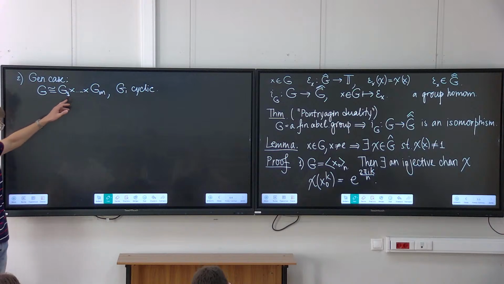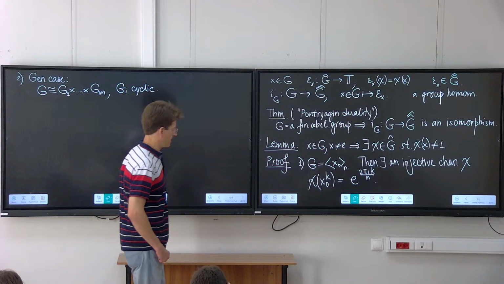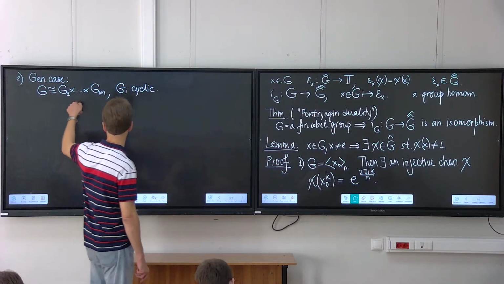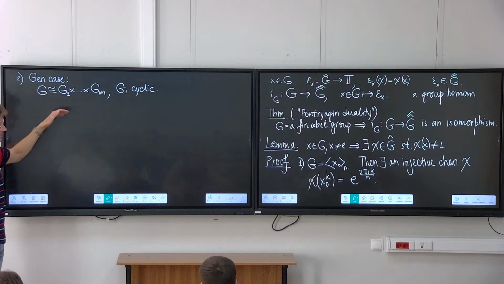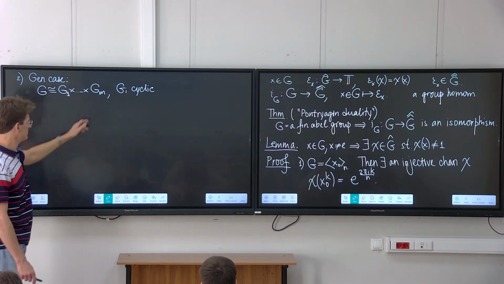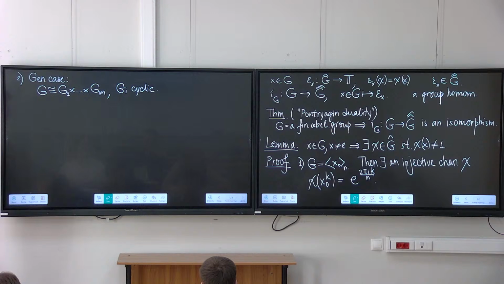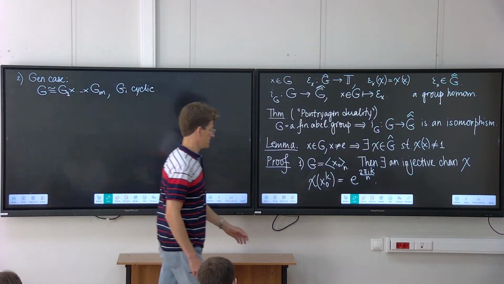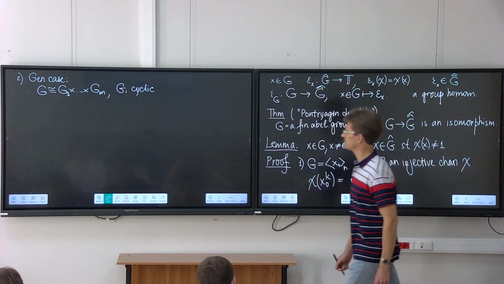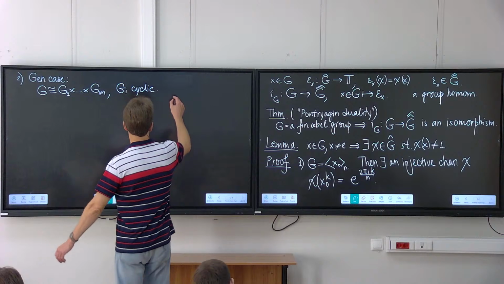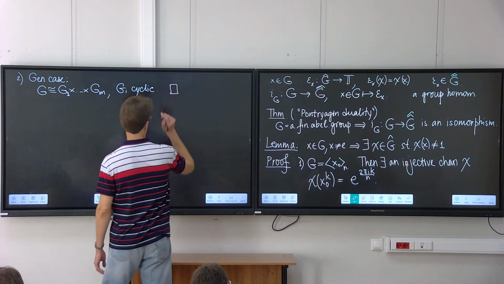For example, the first coordinate is not equal to 1. And we find a character on the first subgroup, an injective character on the first subgroup, and extend it trivially to the whole group G. So it is trivial on all other factors. And by construction, it satisfies this condition. Okay, so this completes the proof of the lemma.